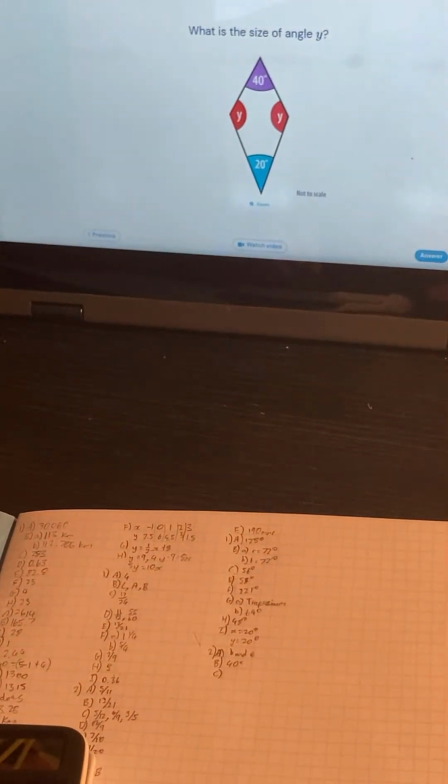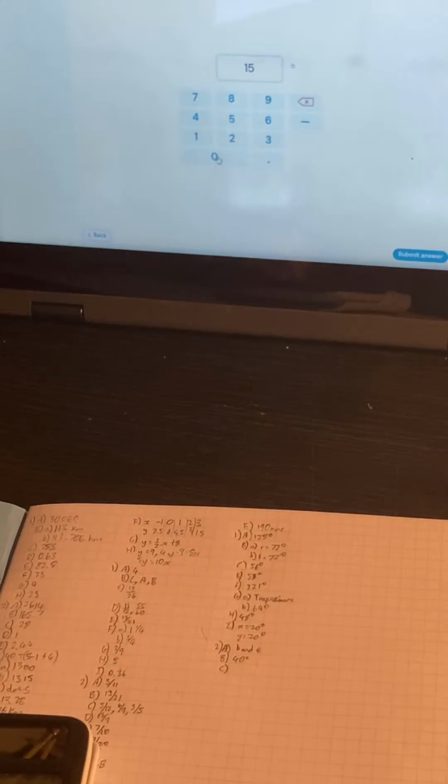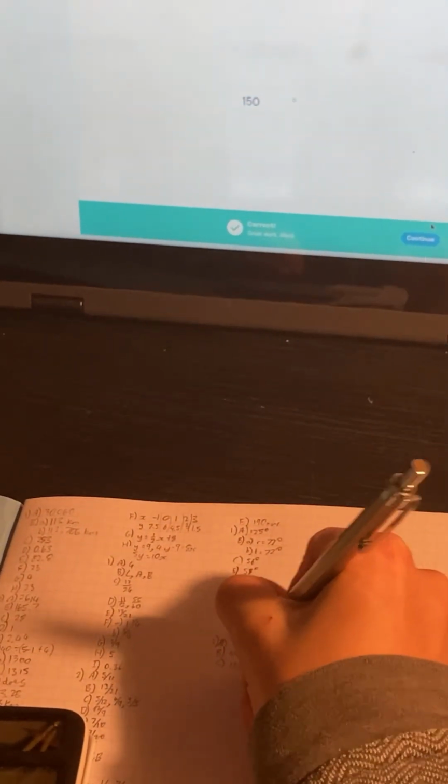C. 360 subtract 60. Answer divided by 2. 150. 150 degrees.